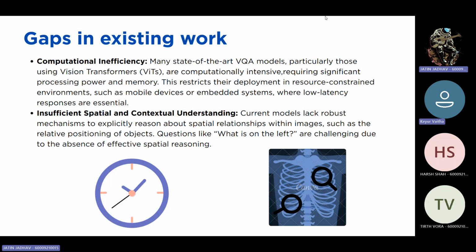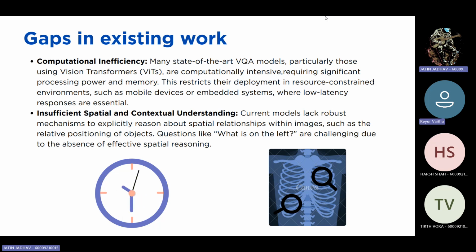So, the gaps in existing work. Currently, as I discussed earlier, first of all, there is computational inefficiency. Many state-of-the-art VQA models, specifically ViTs, are better than CNNs, but the complexity is still quadratic, that is n squared.